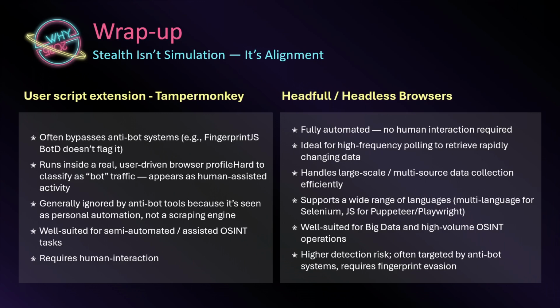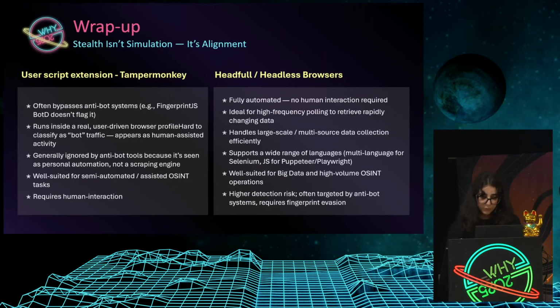But the trade-off here is quite the opposite. They are much more easily detected by anti-bot systems, and you will need fingerprint evasion baked in from the start. So to make it simple, if you need to look human, go Tampermonkey, and if you need machine speed, go full automation.